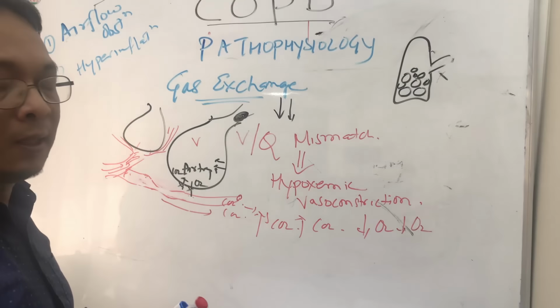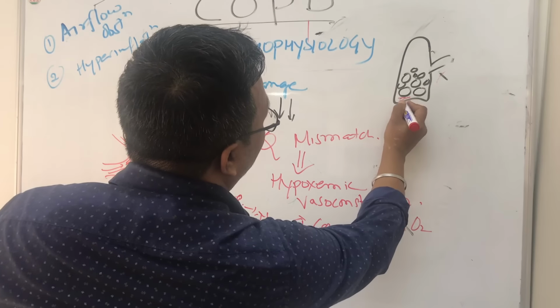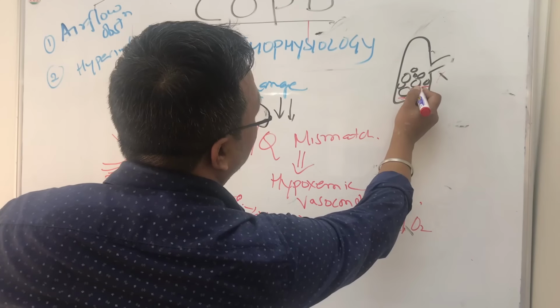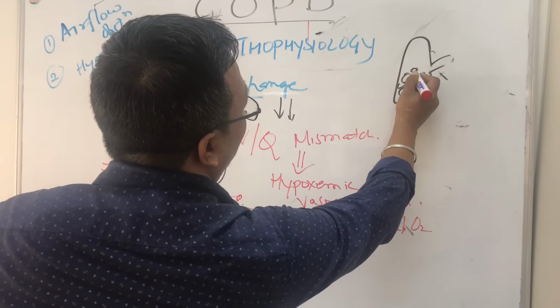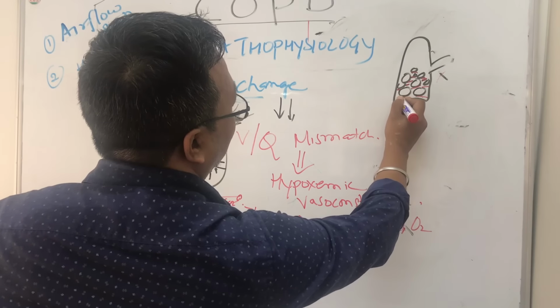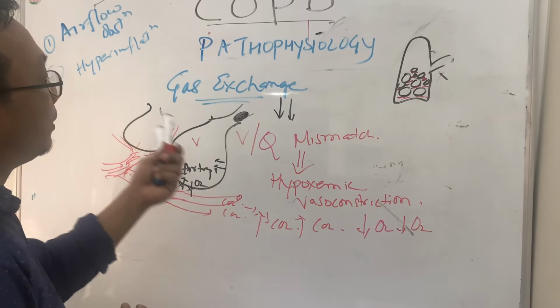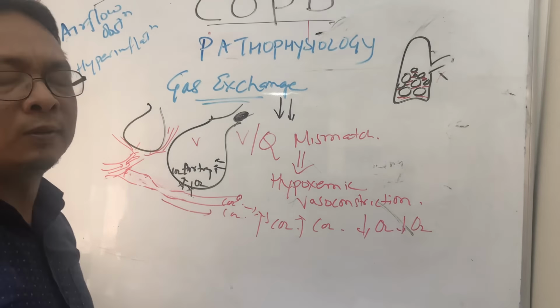Most of the alveoli affected means many pulmonary capillaries are now vasoconstricted. So when so many alveoli are affected, an equal number of pulmonary capillaries will go for hypoxemic vasoconstriction.